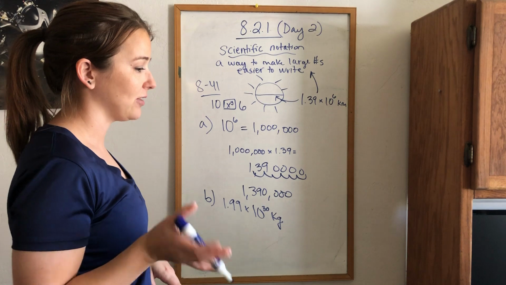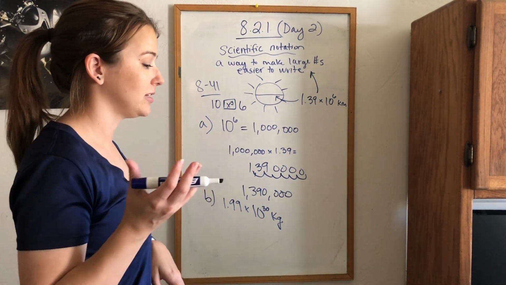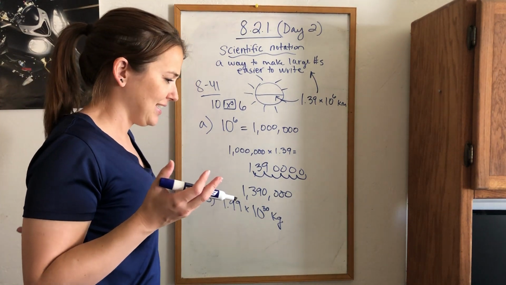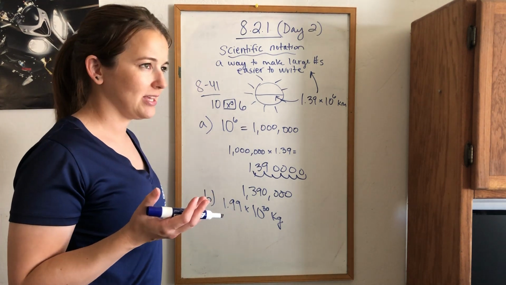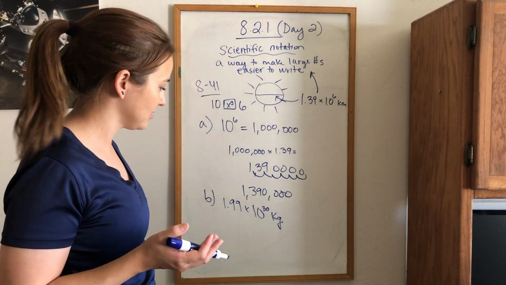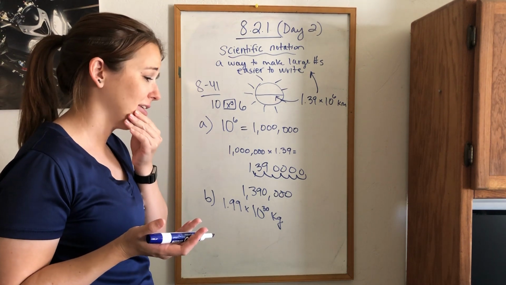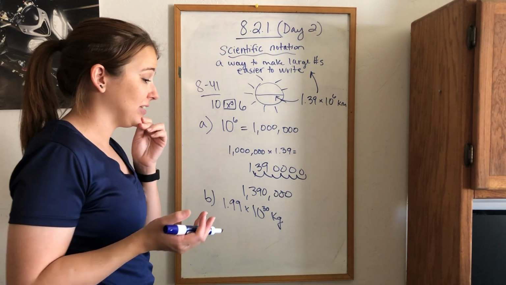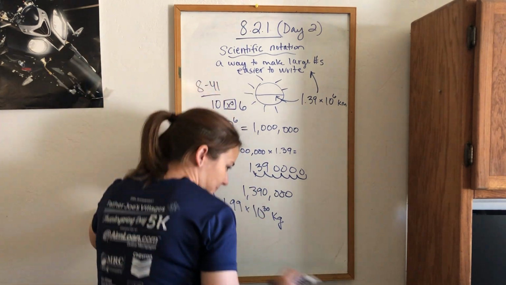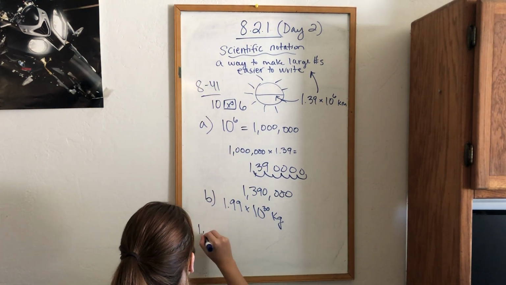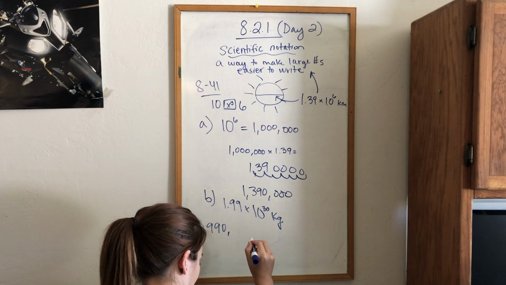Discuss how to rewrite it without scientific notation and then write it. I didn't want to write this entire number out, but okay, I'll write it out. I've decided.